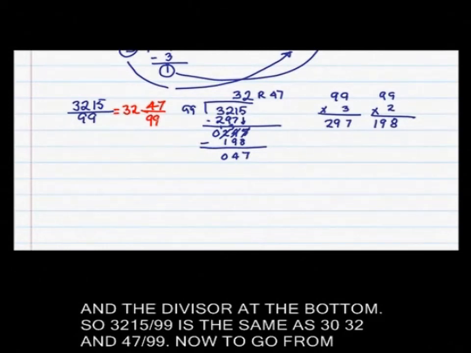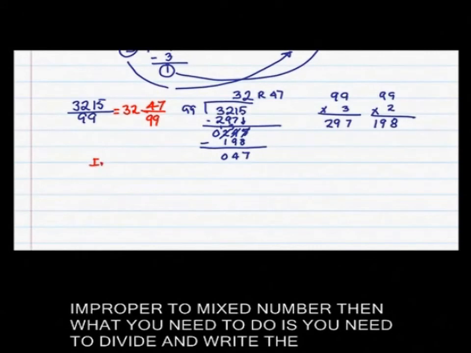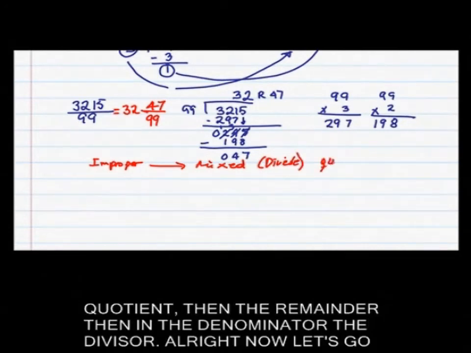Now, to go from improper fraction to mixed number, what you need to do is divide and write the quotient, then the remainder, then in the denominator the divisor.